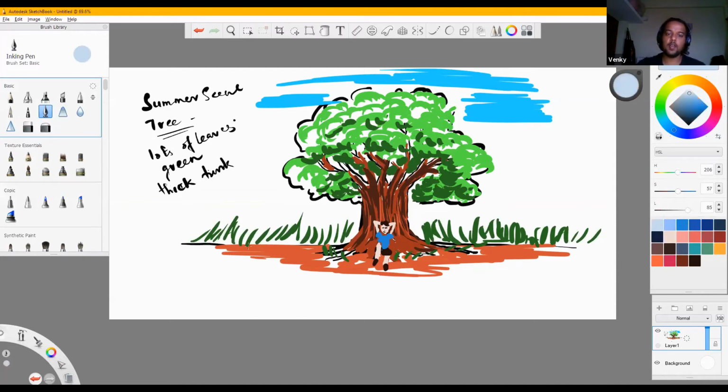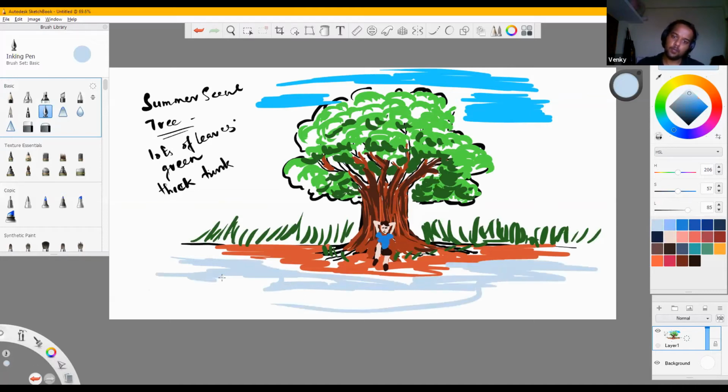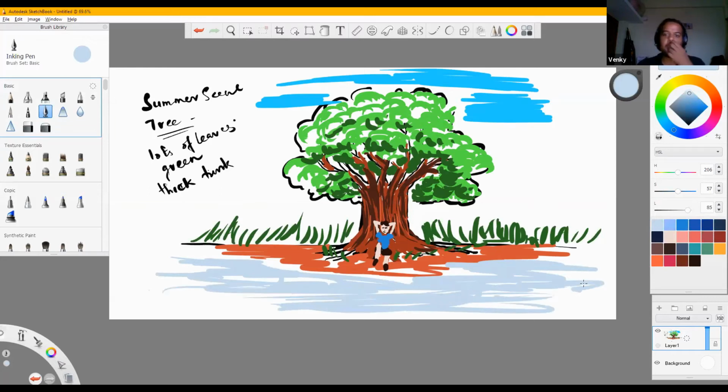And if it's summer, I'd rather be in a shade near water, so I'll draw some water. Water has this kind of wavy look.